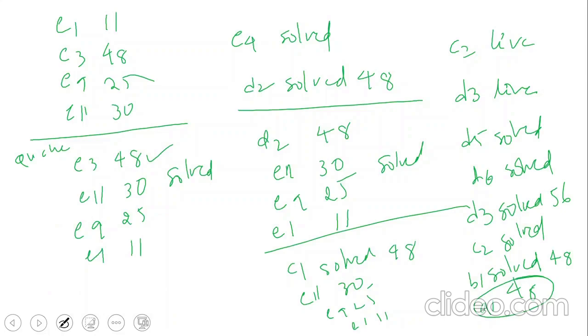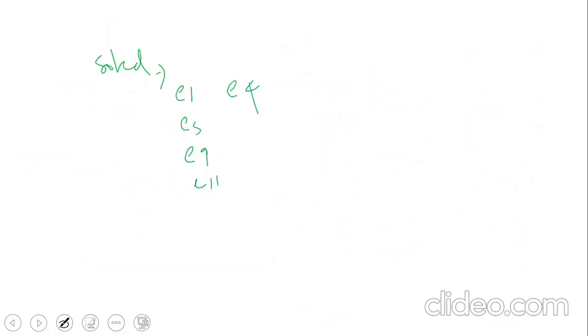E5 and E6. Next E9, E11. So these are the nodes in the solved state, and the remaining are pruned. E1 means A, C; E4 means A, B, C, D, E, F; E9 is I, K.